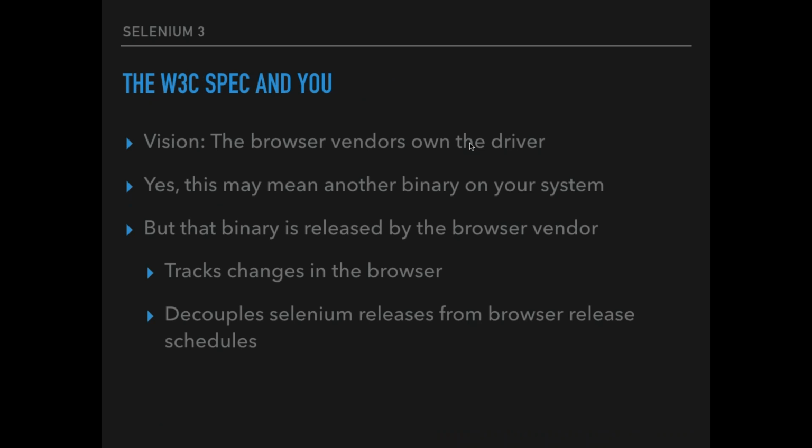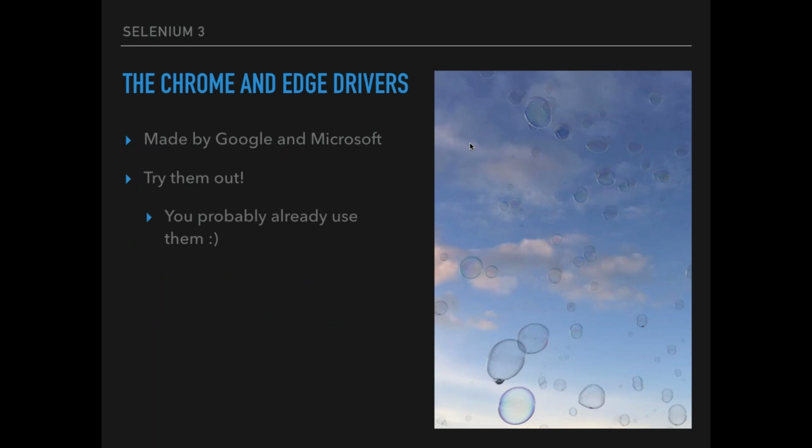So, like I say, how does this impact you? The vision is that browser vendors own the driver. Yes, this quite often means that you have another binary on your system. We'll come to that in a second. But that binary is released by the browser vendor, and therefore it tracks changes in the browser and decouples Selenium releases from the browser release schedules. If you're using Chrome and Edge or Internet Explorer, you're already using some of these standalone binaries.